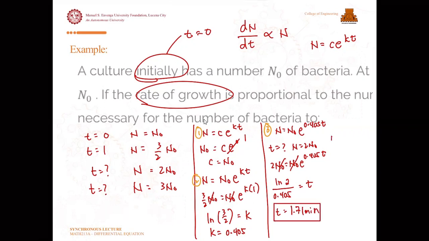The next is kapag nag-triple siya, no? So, applying lang yung same cancellation, pinaka-formula natin will be ln 3 over 0.405. So, yung time natin now will be ln 3 over yung value ni k.